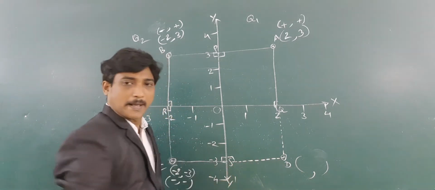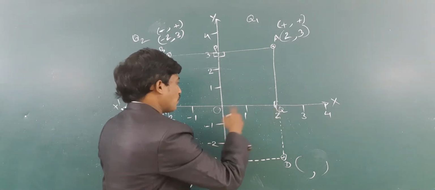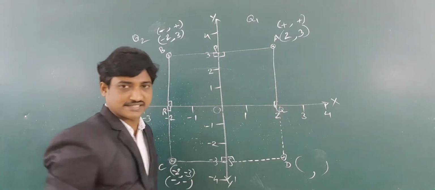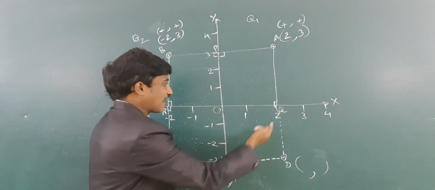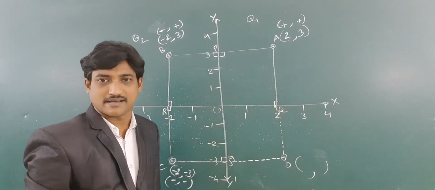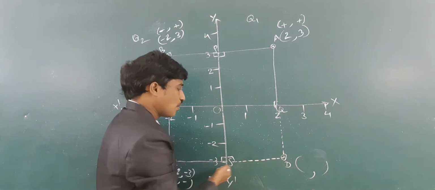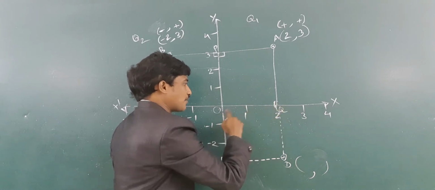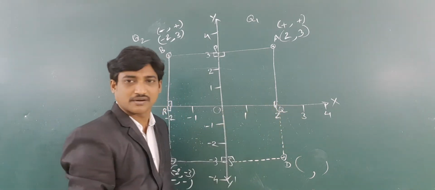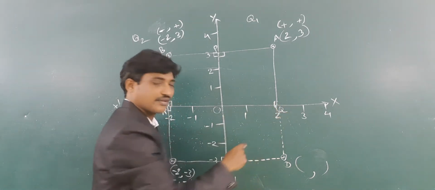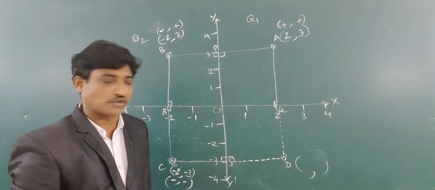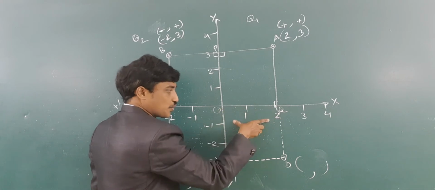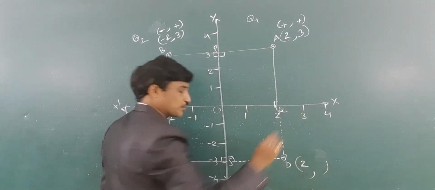DS is parallel to OX. OX is the positive x-axis. Distance along the positive x-axis OX or a line parallel to OX is taken as positive, so DS is equal to QO, which is 2 units, so plus 2.